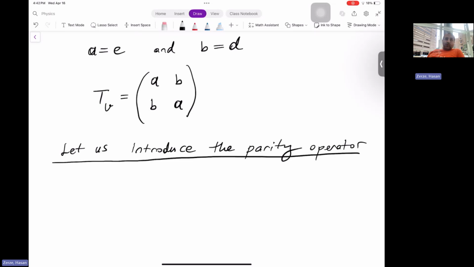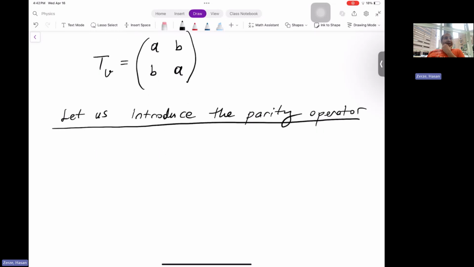And with the parity operator, I mean switching the positive distances to negative distances. So it's like taking the mirror image of the coordinate system. So in your coordinate system, if you have the plus x towards the right direction, minus x towards the left direction, you flip it and you turn the minus x to the right and positive x to the left. Okay, so this is the parity operator.